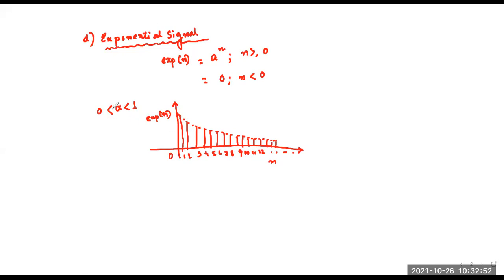So if the value of a lies between 0 and 1, that means it is greater than 0 but less than 1, then it is the exponentially decaying signal.